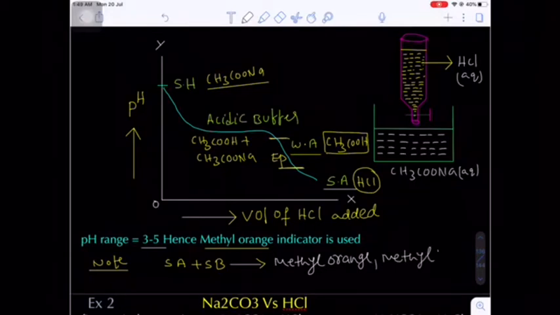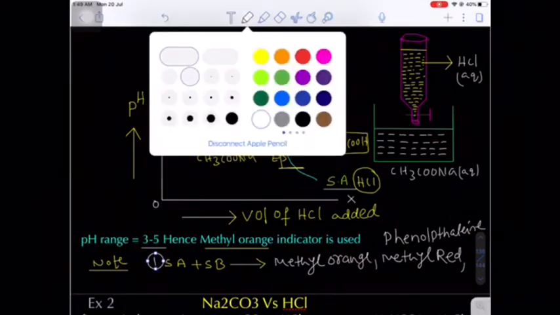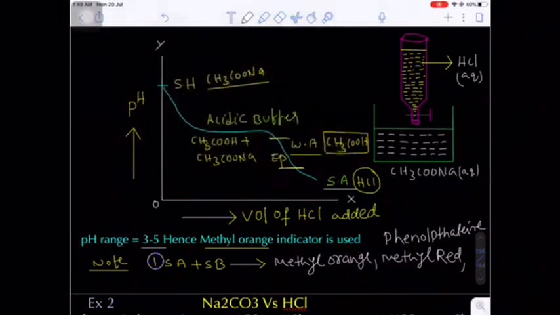The first indicator is methyl orange, the second one is methyl red, and the third one is phenolphthalein. Very important. Okay, this is the first type of acid-base titration.